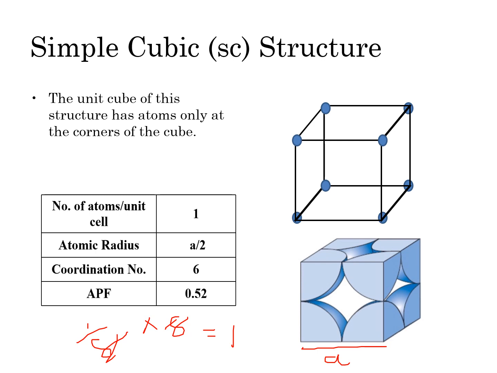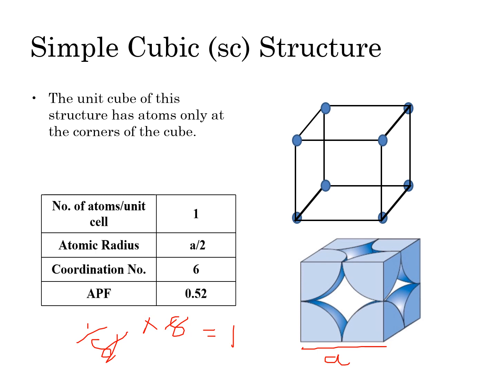Coming to the coordination number, that is the number of nearest neighboring atoms in the unit cell. We know that there are atoms at each corner of the unit cell. Any corner atom has 4 neighbors in this plane and 2 nearest neighbors exactly above and below. Therefore, the coordination number is 6.